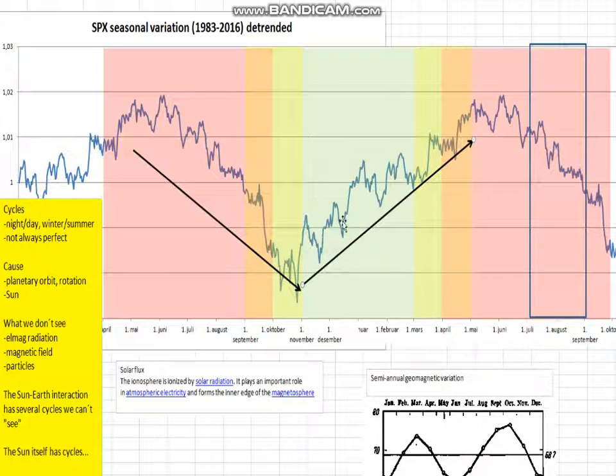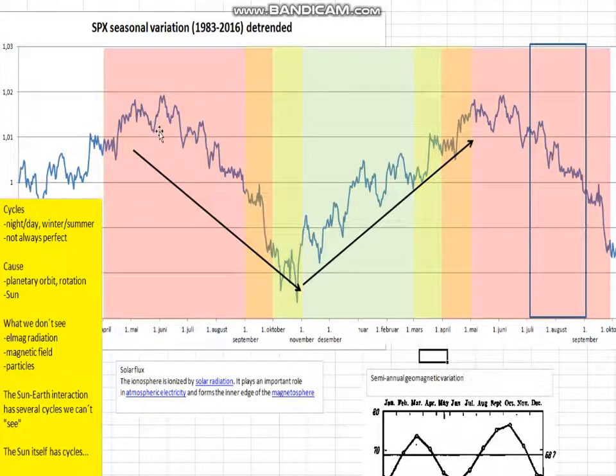We have a bullish period, we have high solar radiation, and then we get into this irrational behavior where we have irrational euphoria stretching this trend. So we see we have a bullish trend, and then it starts to flatten, but then we have the irrational last pop up.